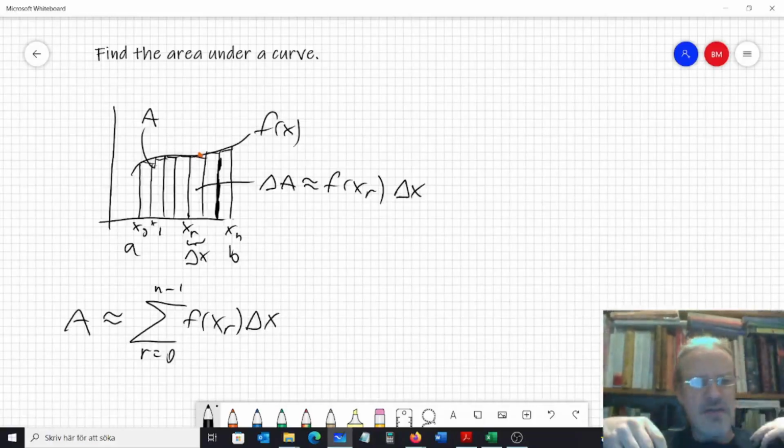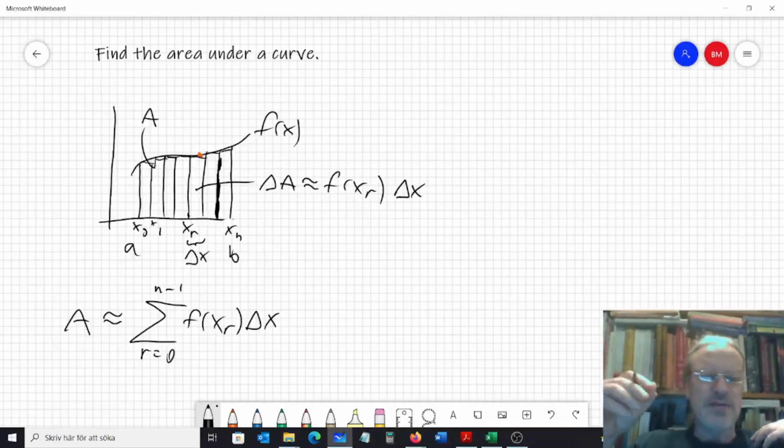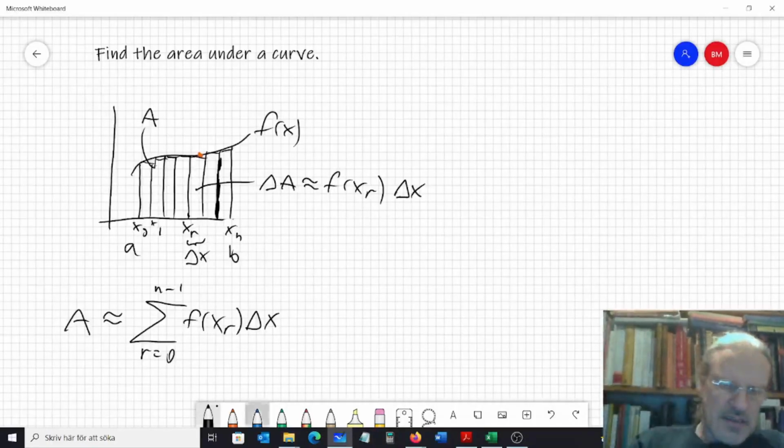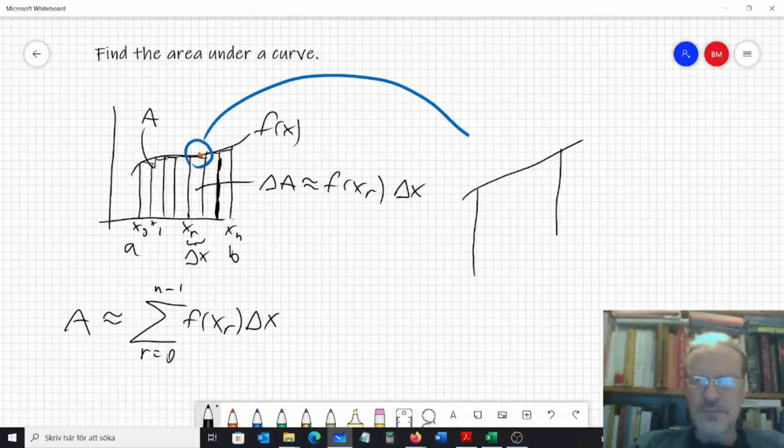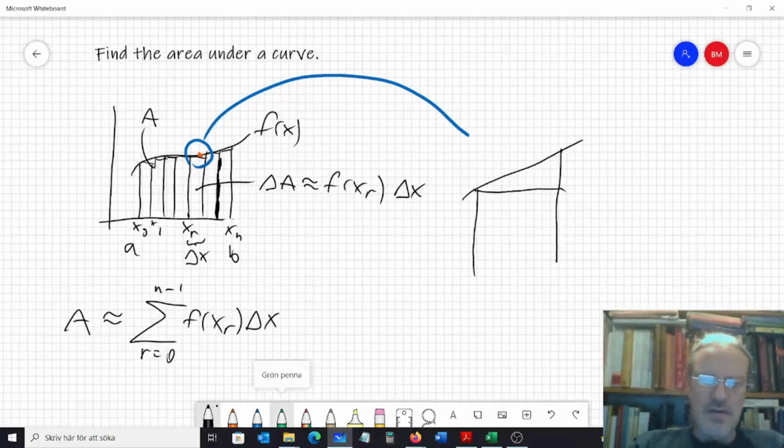If we make the stripes narrower and narrower, we should get a better and better approximation. The reason for that, let's have a look at this little part here. If this is the curve, and this is the top of one of the stripes, we can see that the error is now this part here.